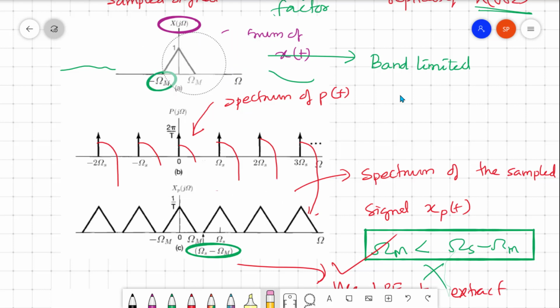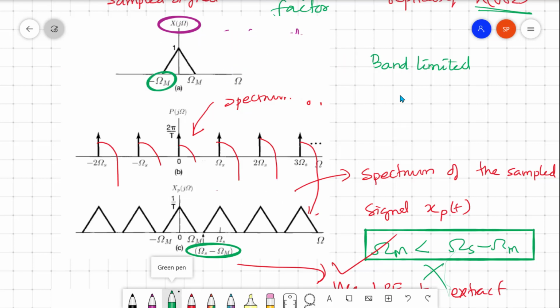So the first condition is satisfied. Now coming to the second condition, the sampling frequency should be high enough, so there should be enough number of samples, right? Our condition is that omega s by 2 should be greater than omega m. Otherwise we can say that omega s should be greater than 2 omega m.